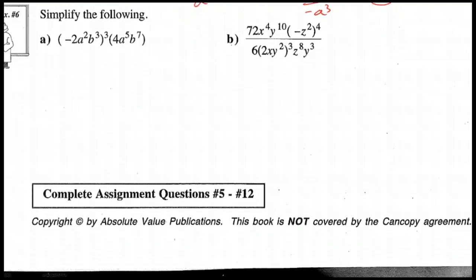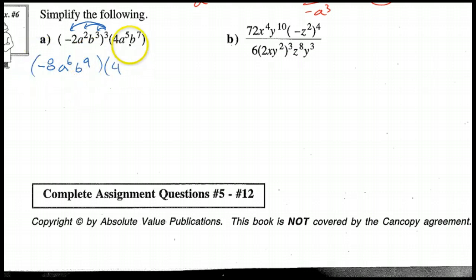All right, so first I've got to simplify inside the bracket. So here we go. I want to get rid of the bracket, so I need to apply that exponent to everything. So negative 2 to the power of 3 is going to be negative 8, a to the 6, b to the 9. That's 1.